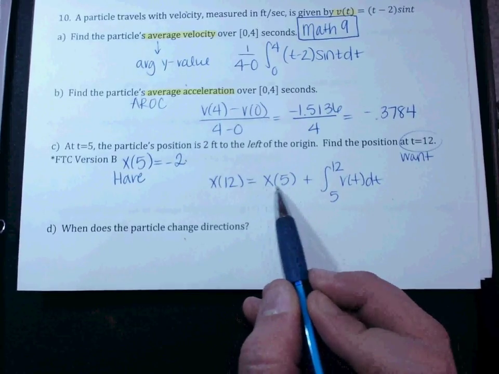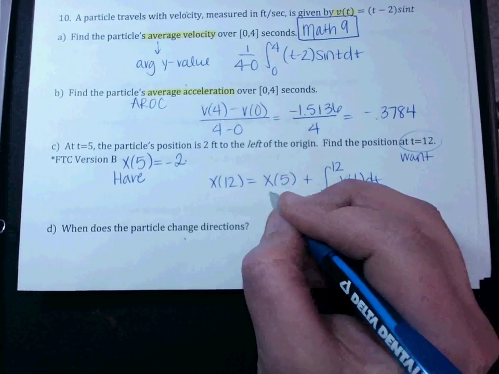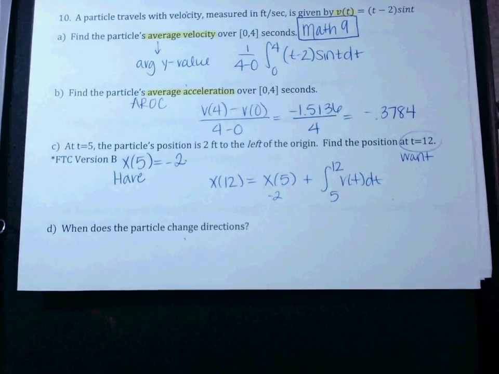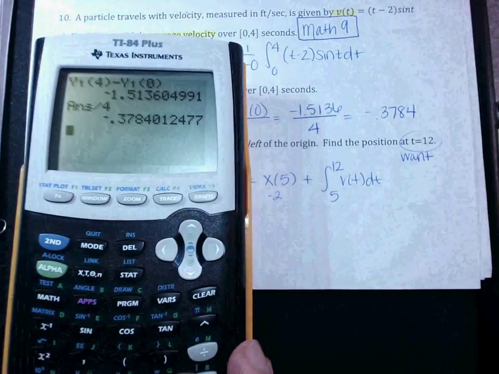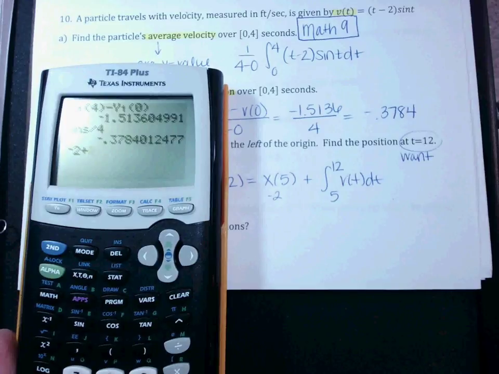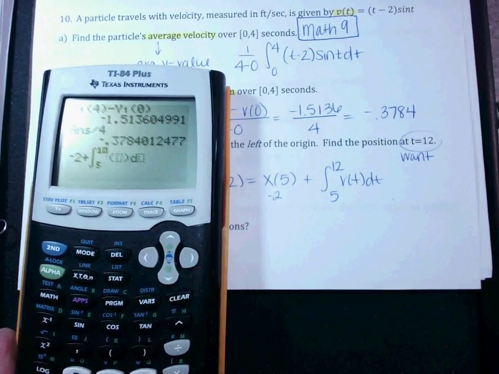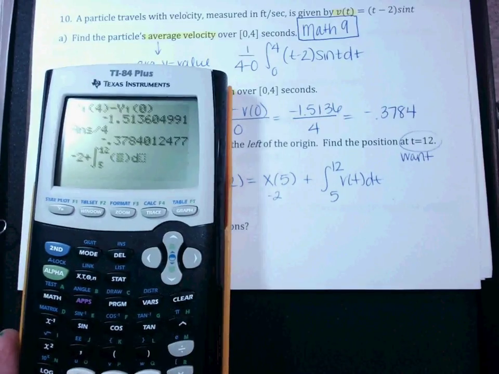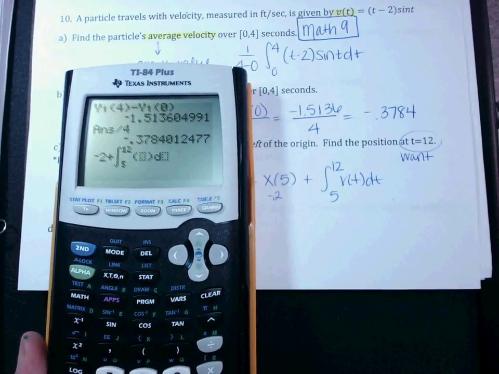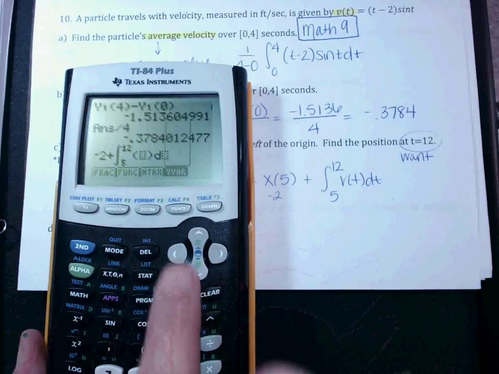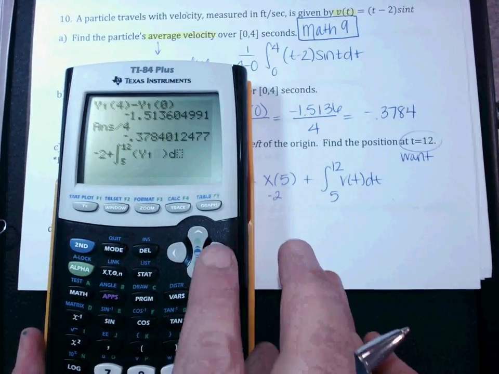What's x of 5? Negative 2. And then plus the integral, you can do that part in your calculator. So it'd be negative 2 plus, and then math 9, and then the integral from 5 to 12. Then in here, if I'm too lazy to type the whole thing in again, I can do alpha trace and just insert my y1. dx.